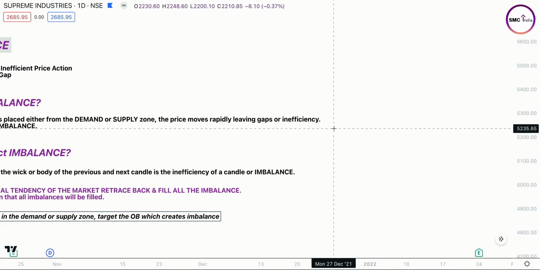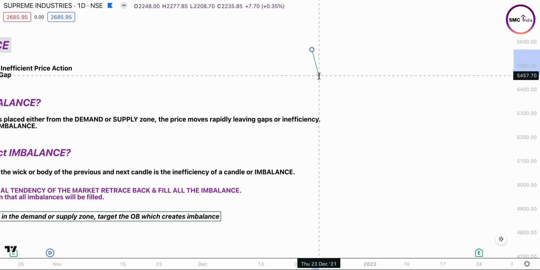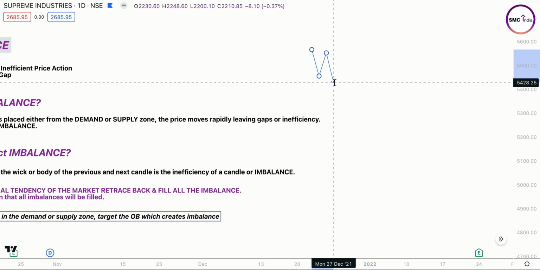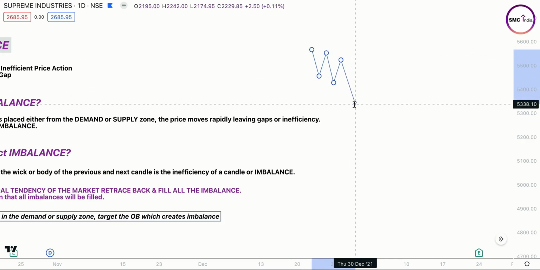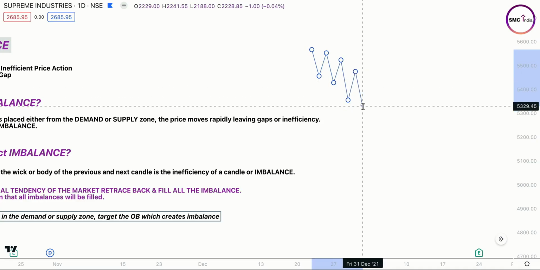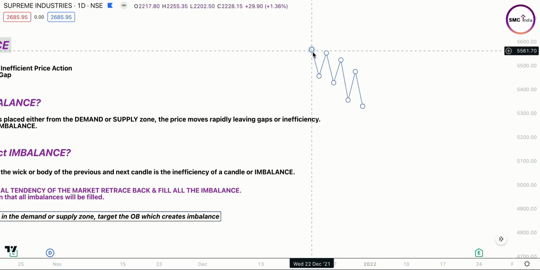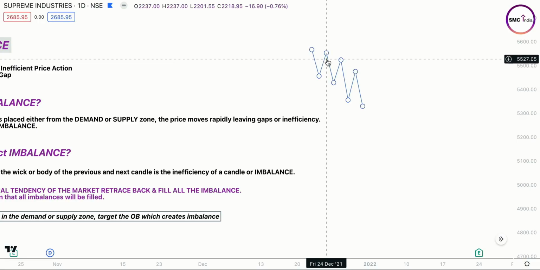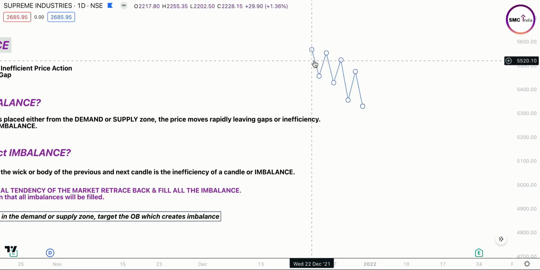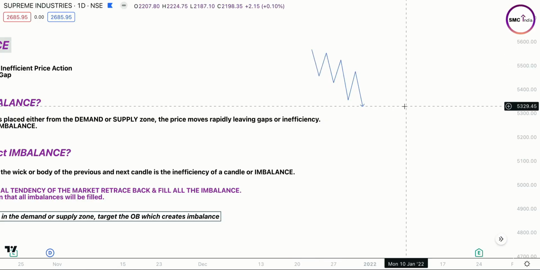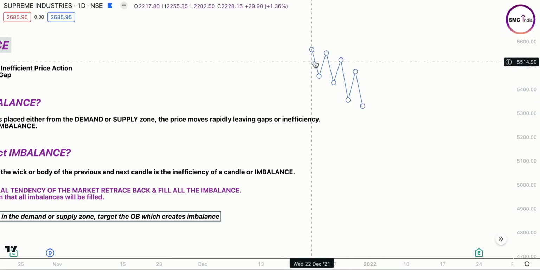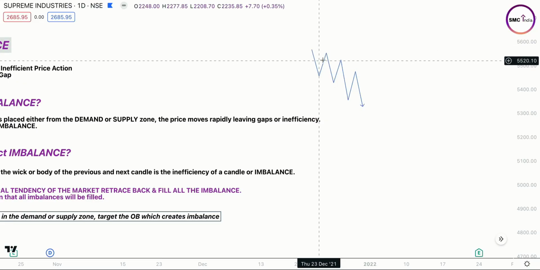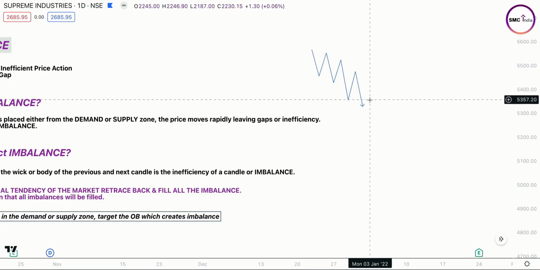So I'm showing you the diagram. When the price moves like this, comes up, moves like this, comes up, moves like this, this is efficient price action, because the market comes down and moves up, but there is very less amount of imbalances or gaps or inefficiency in the market. This is termed as efficient price action, where the price doesn't leave much gap and moves in a rhythmic fashion.